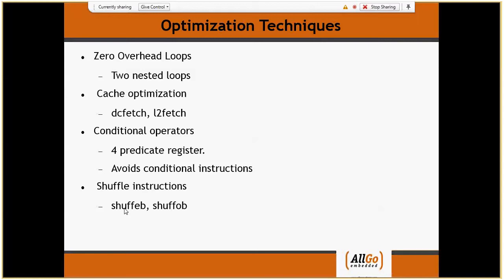Then we have done some cache optimization. There are two types of instructions which Hexagon DSP provides. One is DC fetch and L2 fetch, where we can prefetch the data both to the L2 cache as well as the data cache. Especially it's a very good instruction when you're working on an image type of buffer.